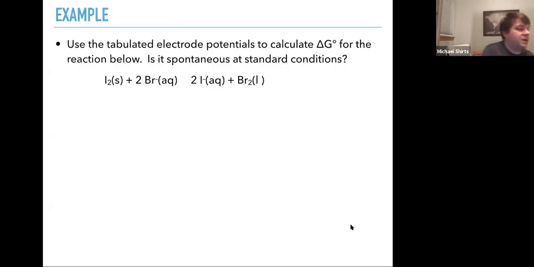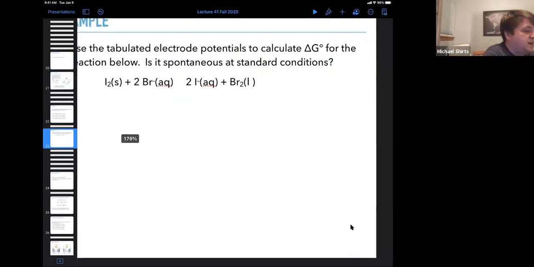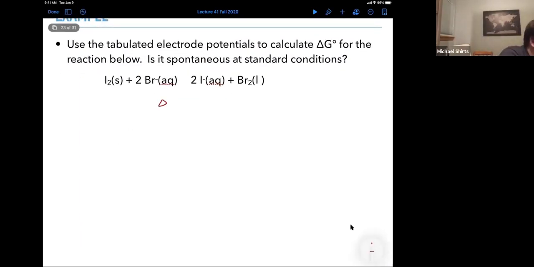What equation are we going to be using? The equation we want to be using here is delta G standard state equals minus n, Faraday's constant times E for the cell. So we need to figure out E for the cell. I2 plus 2e minus goes to 2I minus, and we just looked that up.